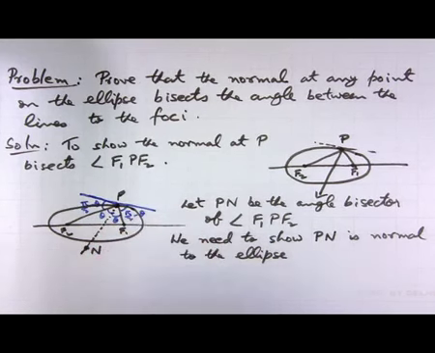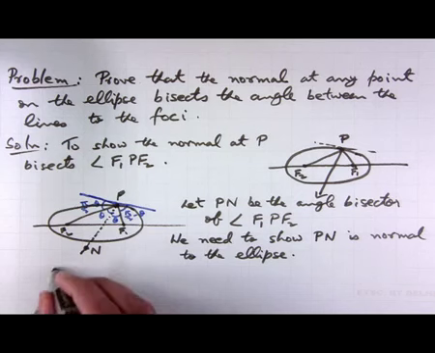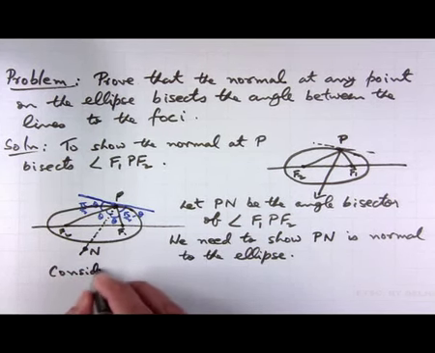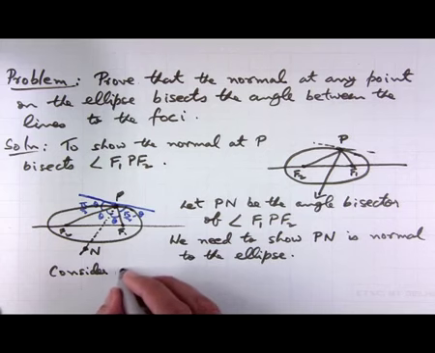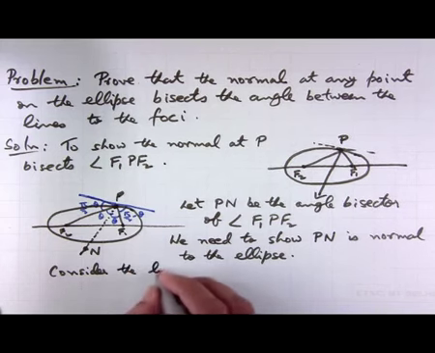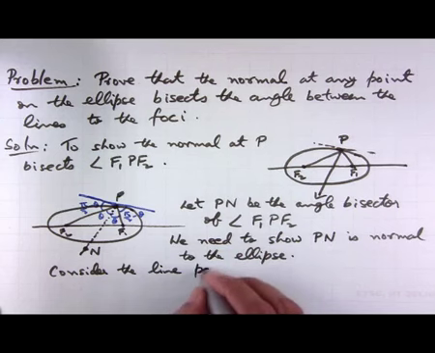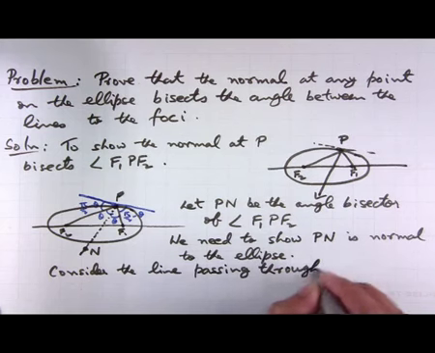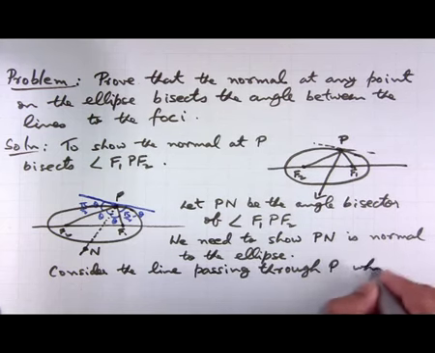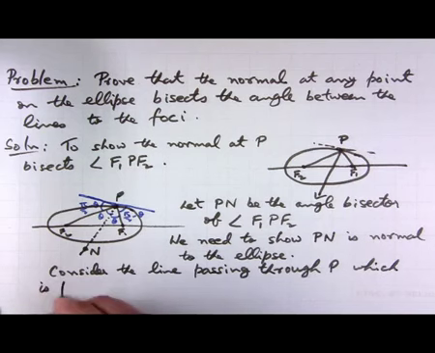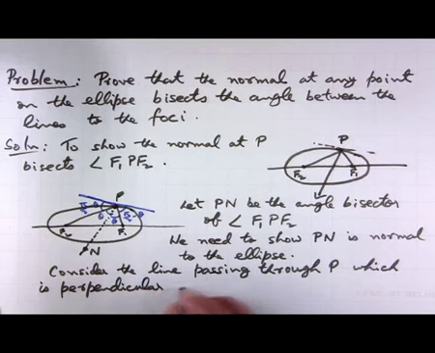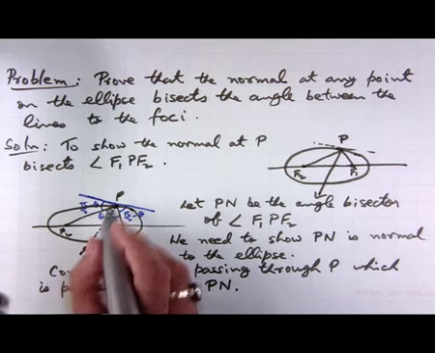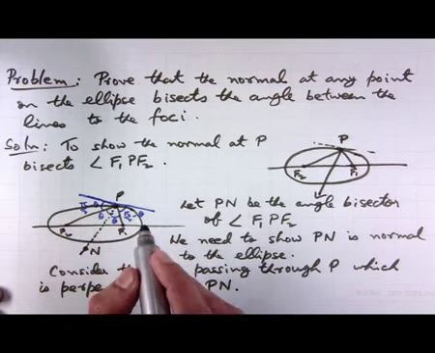So, consider the line passing through P, which is perpendicular to P N. Proving that P N is normal is equivalent to proving that this line is tangent.